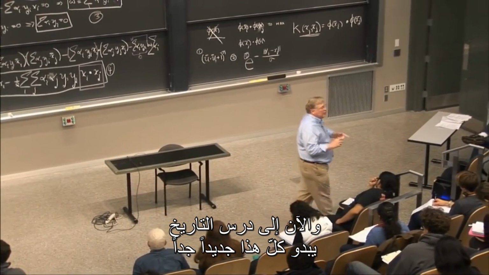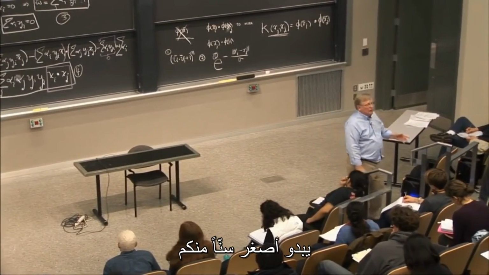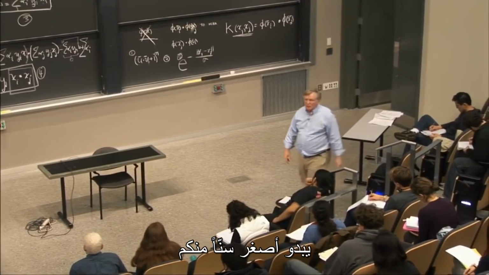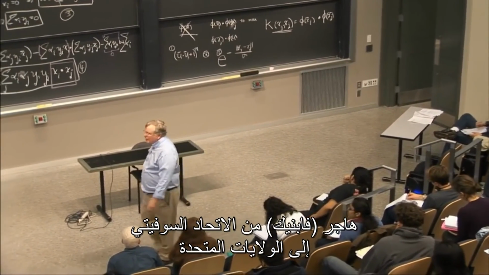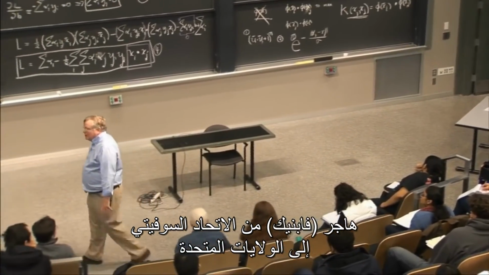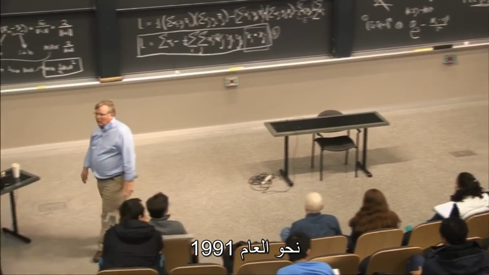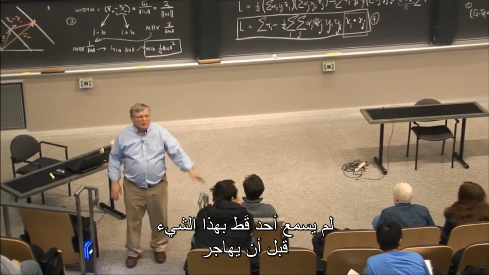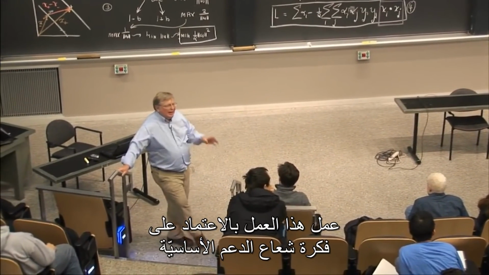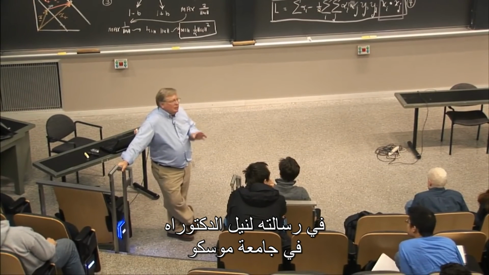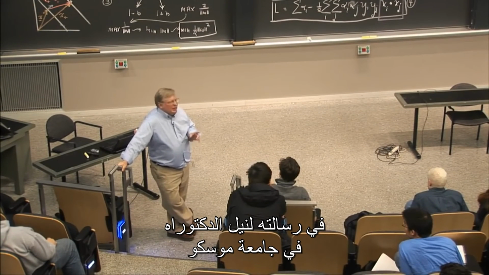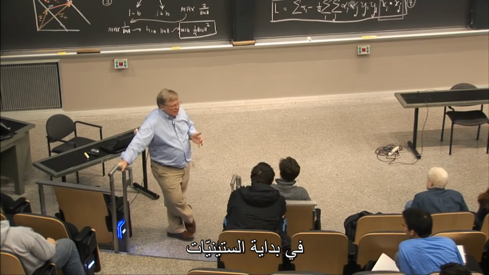Now, the history lesson. All this stuff feels fairly new. It feels like it's younger than you are. Here's the history of it. Vapnik emigrated from the Soviet Union to the United States in about 1991. Nobody had ever heard of this stuff before he emigrated. He actually had done this work on the basic support vector idea in his PhD thesis at Moscow University in the early 60s.